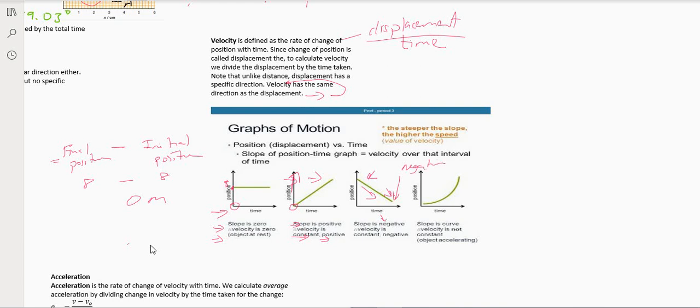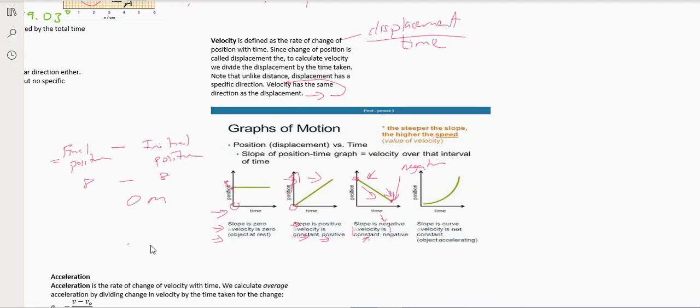Hence why we would say our slope here is negative. And from the mathematical standpoint as well, it would be negative. If here's my starting point and here's my ending point, when I do my maths, it would give me a negative value, so to speak. All right. And clearly, based on the straight line graph that we have, we can say that our velocity is constant.